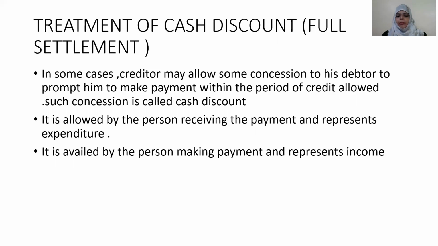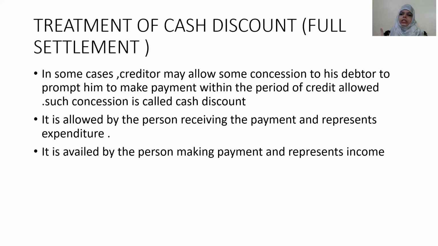It is availed by the person making the payment and represents income. Obviously, if I am the person giving you the discount, it is my expenditure. The person receiving the discount, it is their advantage, so it represents their income. If it is my expenditure, it is your income. If it is your expenditure, that is my income. It is vice versa always in business.